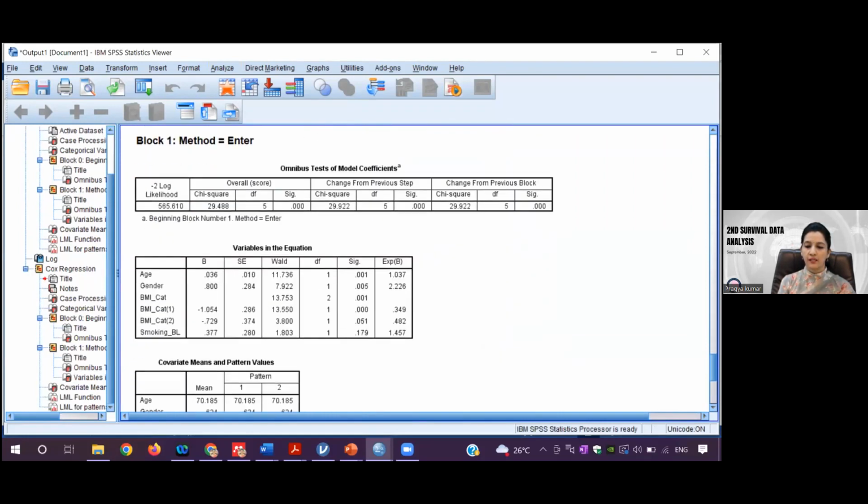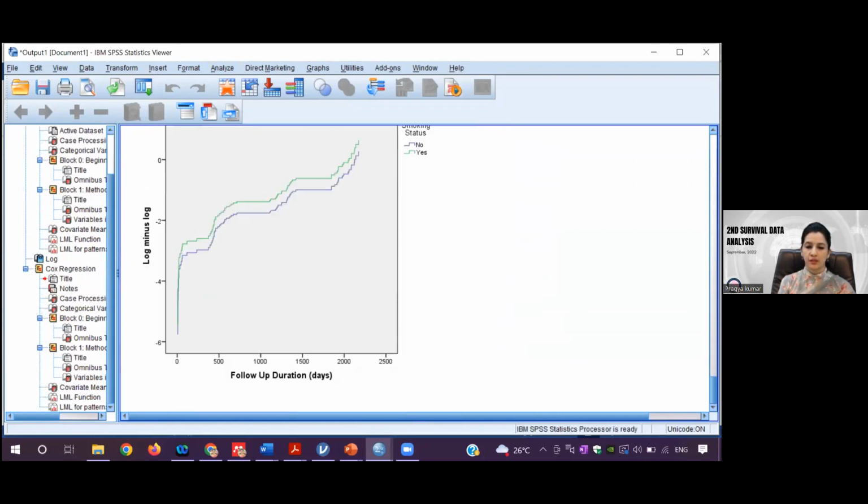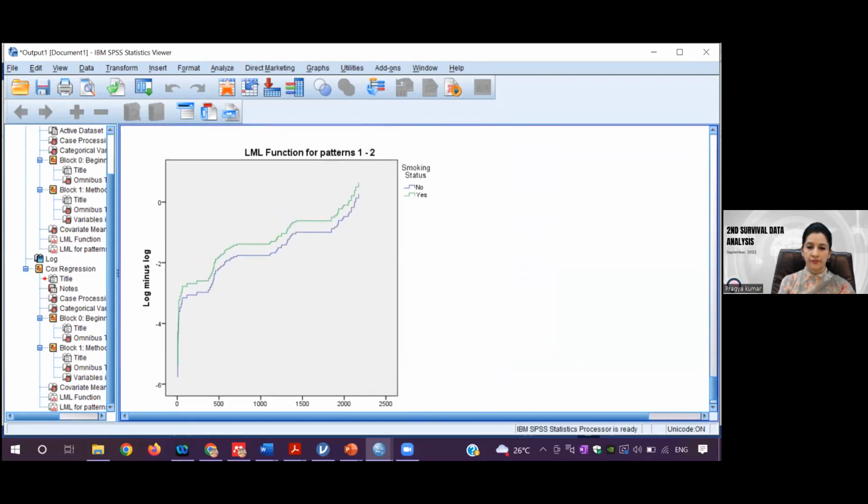If I see this for smoking status, then what is your assumption? Is this met or not met? Proportional hazard. You can see there is almost a parallel line. And again, we cannot say that it should be exactly parallel.